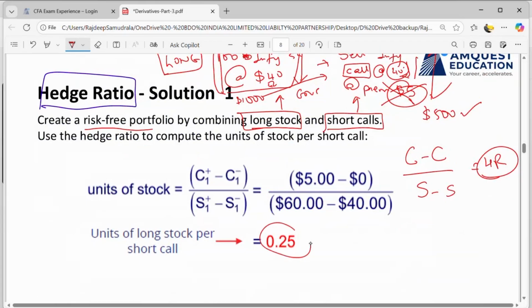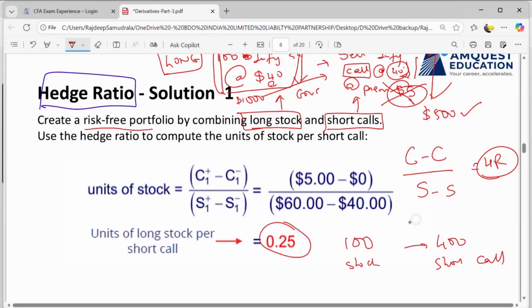It means that this many stocks you will go long for every call that you'll go short. That means if I have 100 stocks, I will have to sell 400 calls. Understood?